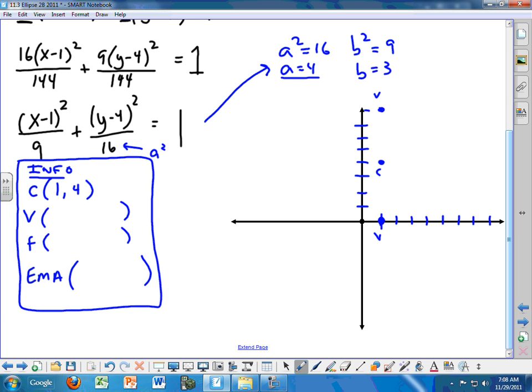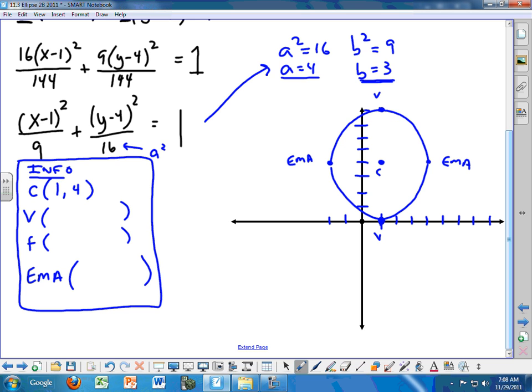And the b value, this one here, is representing the distance from the center to the end point of the minor axis. So I will go across 1, 2, 3 this way, and I'll put an EMA over there, and 1, 2, 3 this way, and I'll put an EMA right there. And then I'll carefully graph this from, I like to graph from the vertices. I don't know if it makes all that much difference. There's our picture.